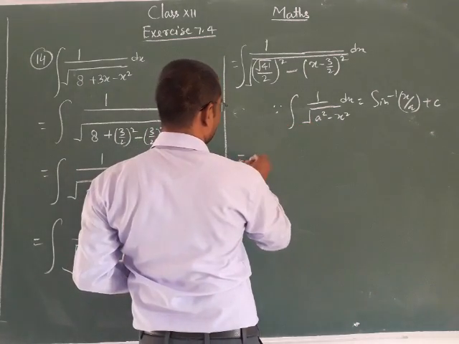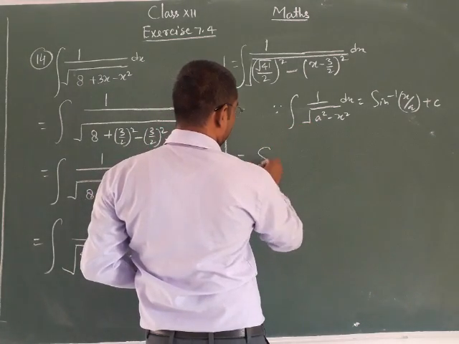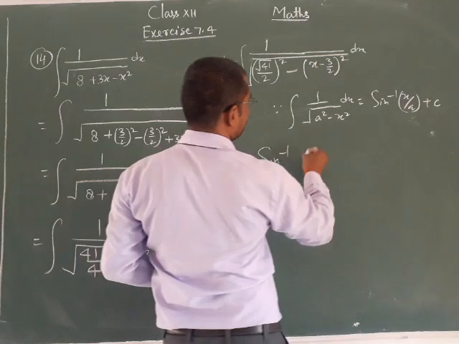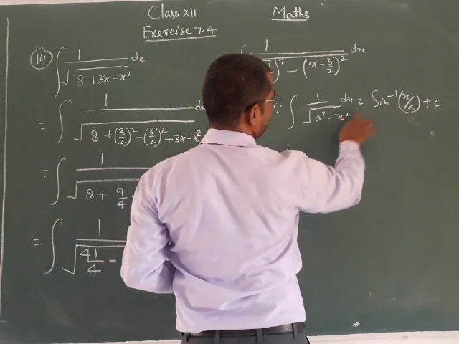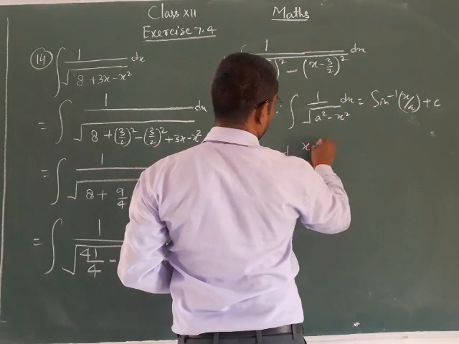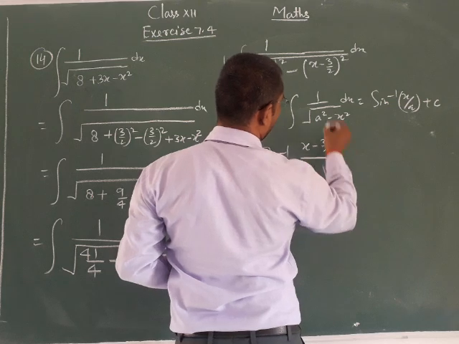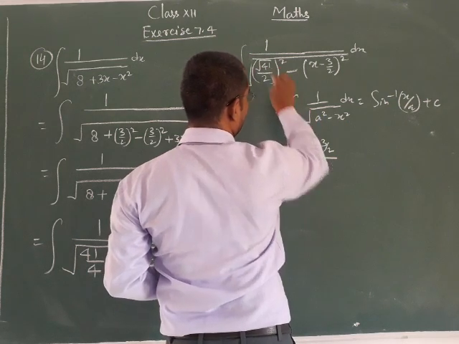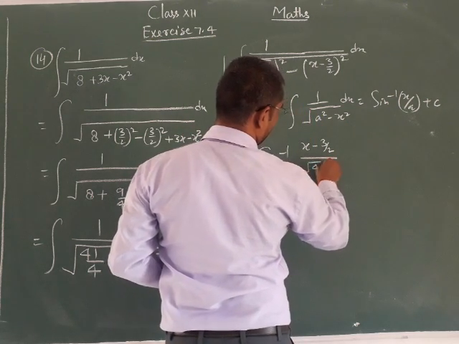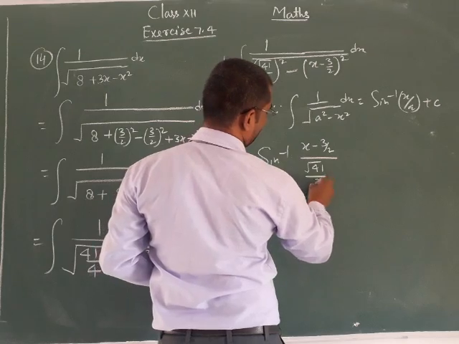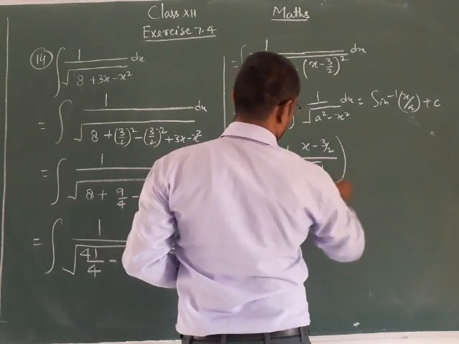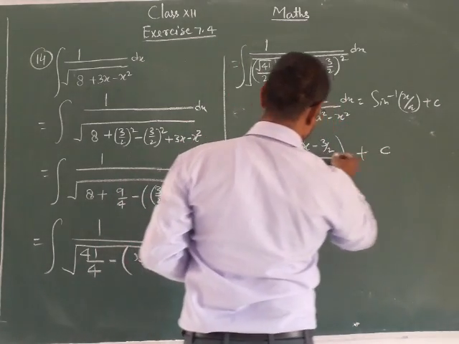We get sine inverse of x minus 3 by 2 upon a, which means root 41 upon 2, and plus c.